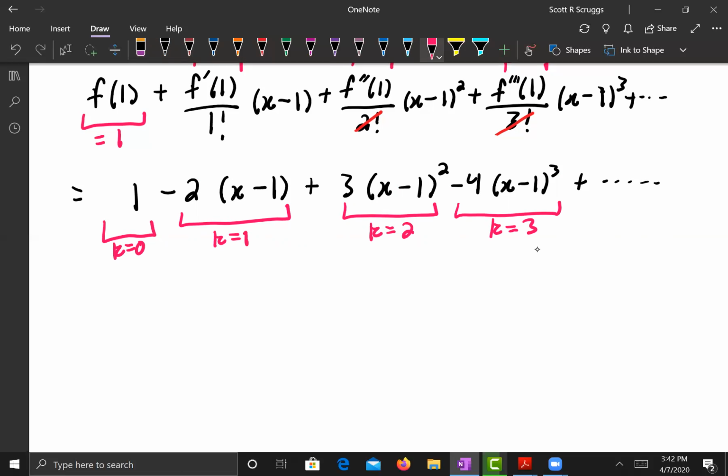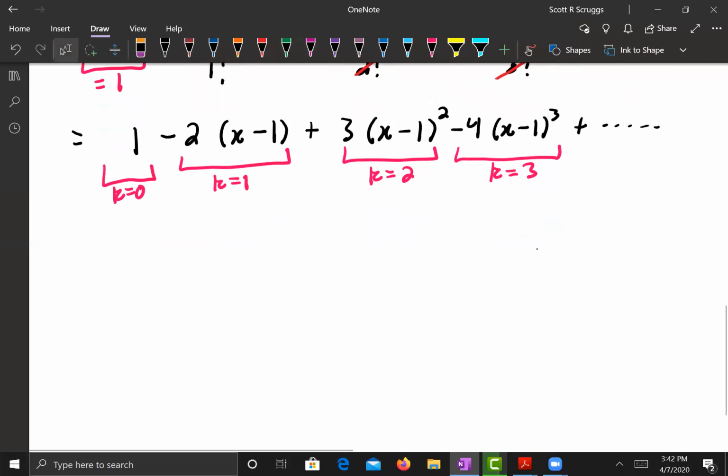So in this case, 1 will be k equals 0. Minus the 2 times x minus 1 will be my k equals 1. The plus 3 times x minus 1 squared will be my k equals 2. The minus 4 times x minus 1 cubed will be k equals 3.